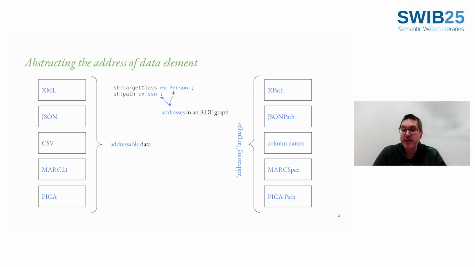We have XPath for XML, JSON paths for JSON, column names for tables, even the core bibliographical metadata schemas and serialization formats have such tools: MarcSpec for MARC and UNIMARC and PICA paths for PICA. By orchestrating these existing tools, it is possible to implement the non-RDF specific subset of SHACL for a wider range of data.